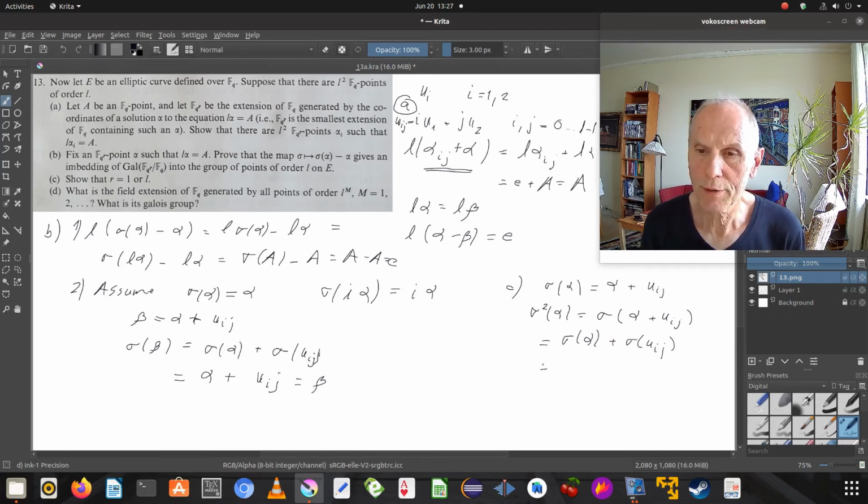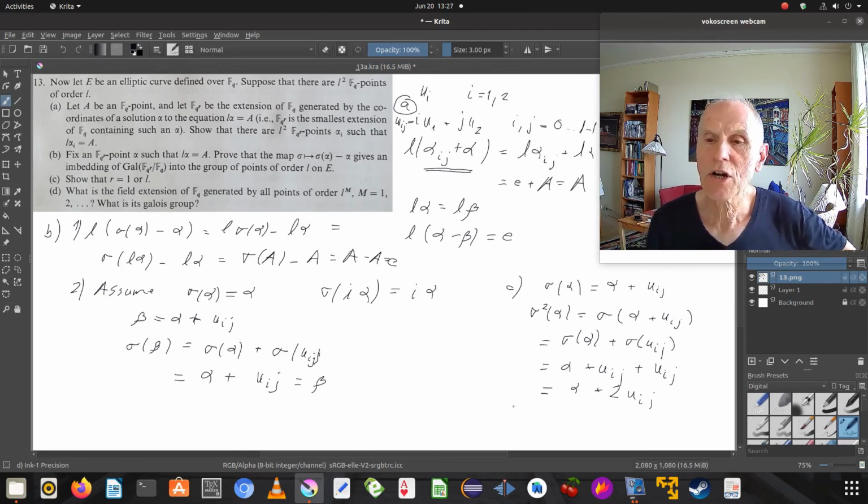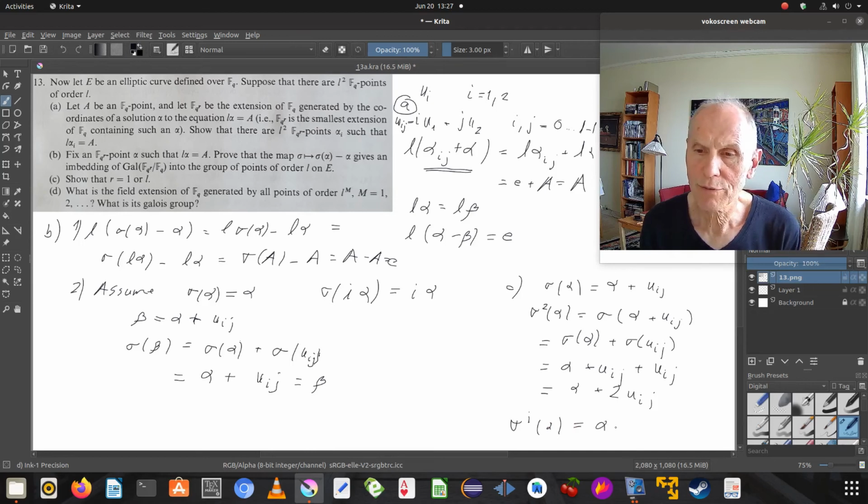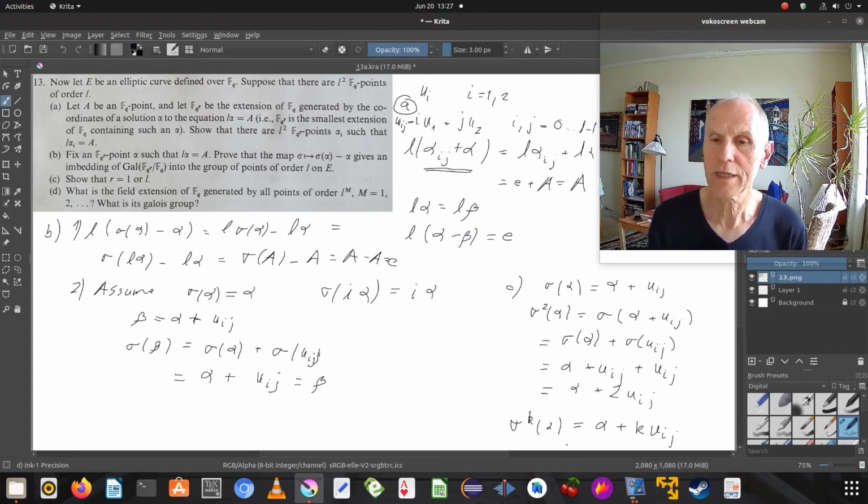Do it very thoroughly. Sigma alpha is alpha plus u_i, and sigma squared is alpha plus 2 u_i. Now we can make an induction proving that sigma to the kth of alpha equals alpha plus k times u_i.